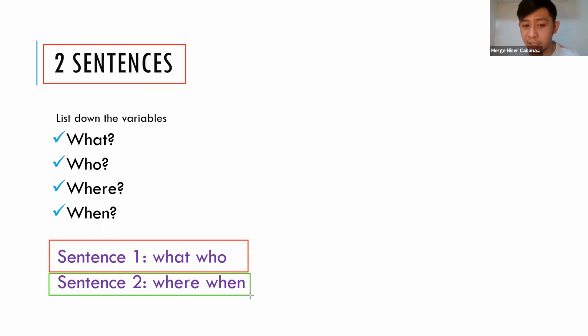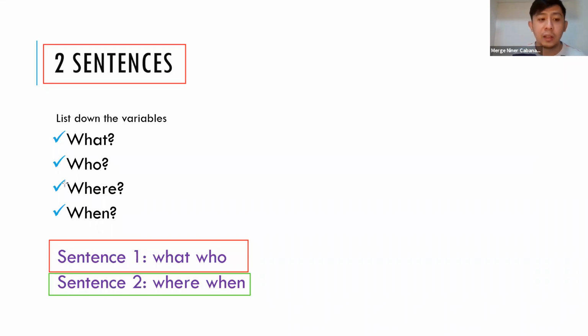That will be your second sentence. So there should always be one sentence that talks about what the graph is about and who the parties involved are, and then your second sentence would answer the question, where did the study occur and when did it happen?